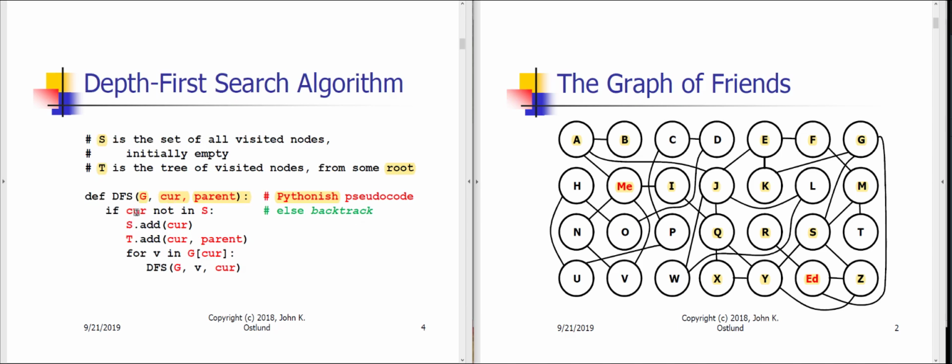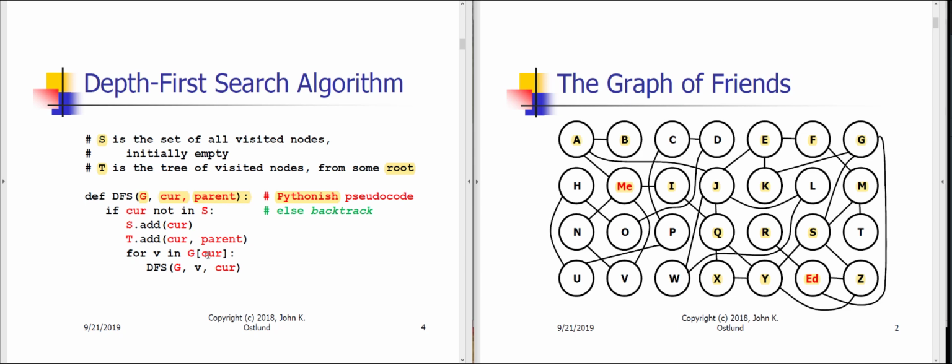Okay, now, if the current node has not already been visited, then we're going to add the current node to the set that have been visited, and we're going to add the current node to the tree with its parent as the parent. Then, for each node in the immediate neighbors of the current node, and we've been careful to build our graph in such a way that these are alphabetical, at some level that doesn't really matter.